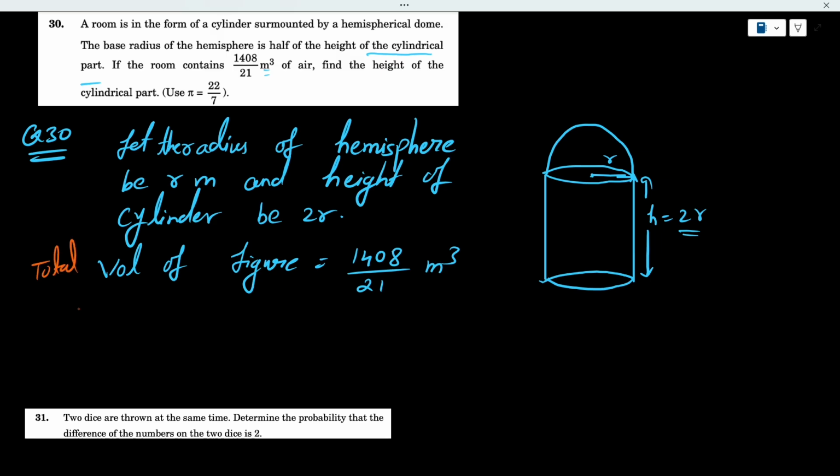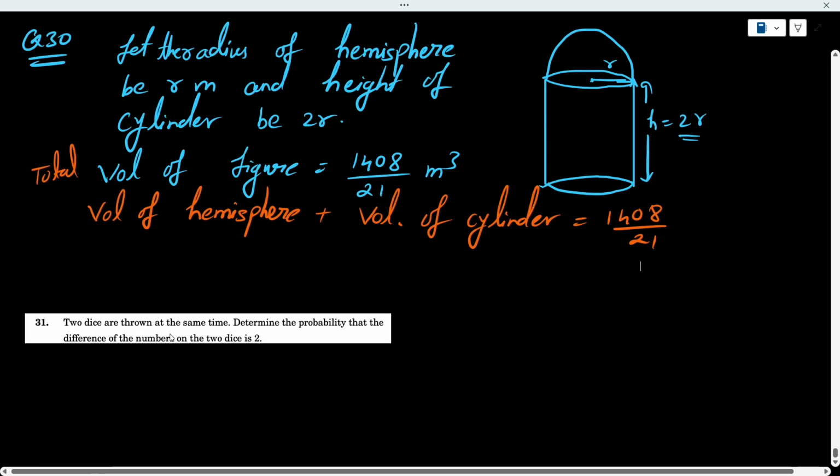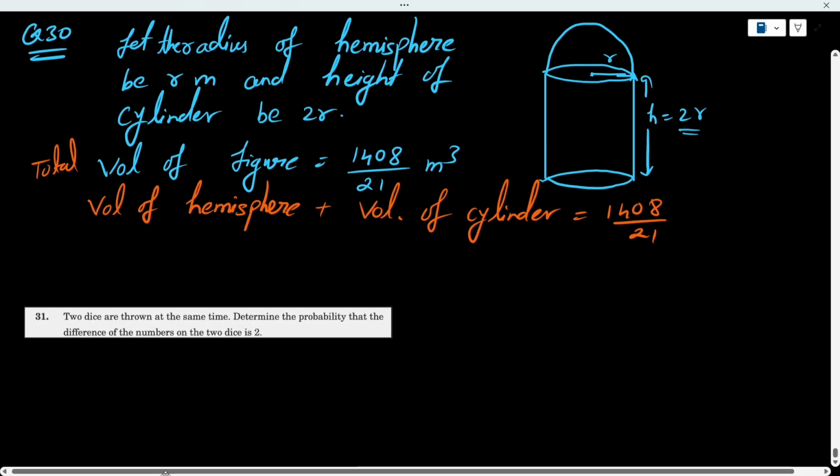So write down in the formula form: the volume of hemisphere plus volume of cylinder. The total volume is given as 1408 by 21. After that, just substitute the formula here.